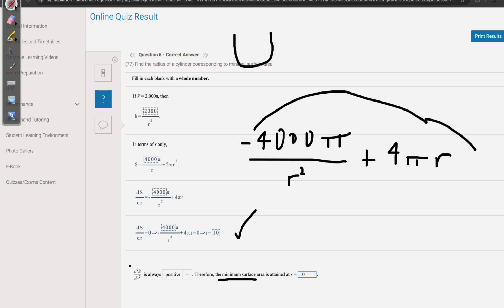When they mean this, they're talking about the double derivative. And the double derivative, what does this mean in the table of concavity? It means that it's positive. So we have this part. And we already found the answer. The minimum is when the first derivative is equal to 0, which we found in part A, which is 10.